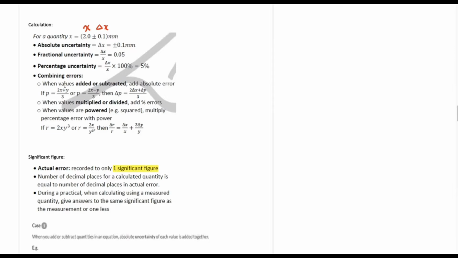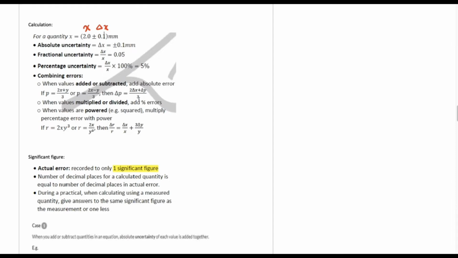Now an example. If p equals (2x plus y) over 3, or if the formula is p equals (2x minus y) over 3, no matter whether it is adding or subtracting, to find the error we always add: (2 delta x plus delta y) over 3.